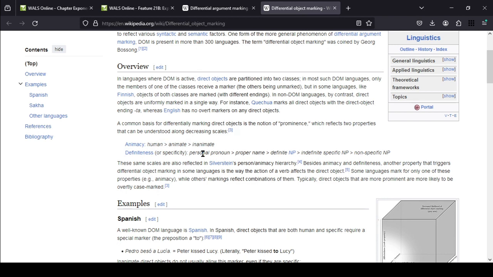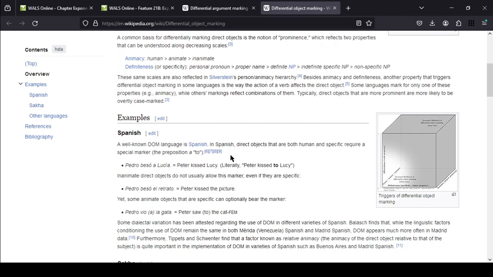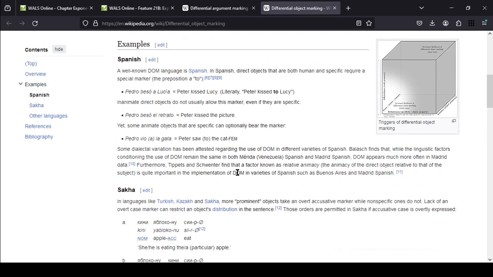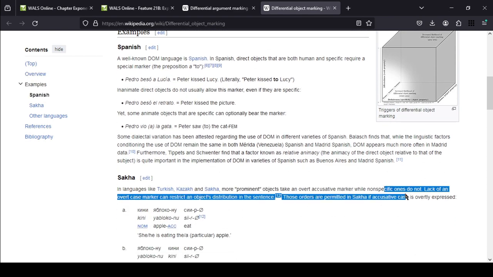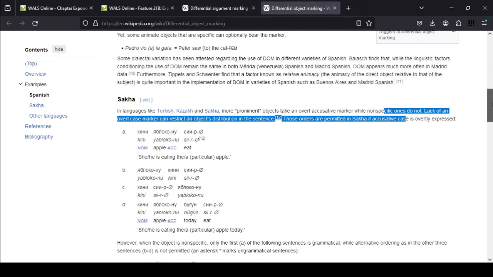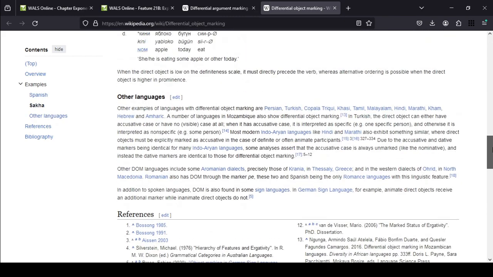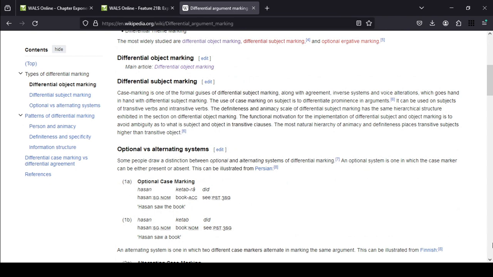But if it's not prominent, it gets not marked. Or maybe the other way around, or maybe they both get marked, but in different ways. But you mark objects in two different ways. That's interesting. Yeah, and they talk about Spanish here. So it looks like generally the more prominent ones get marked, whereas the less prominent ones don't. Interesting.